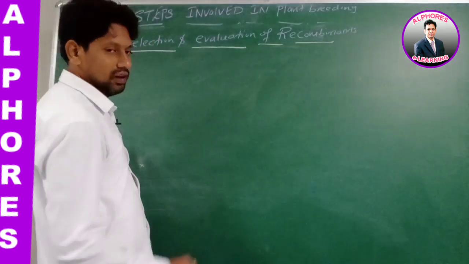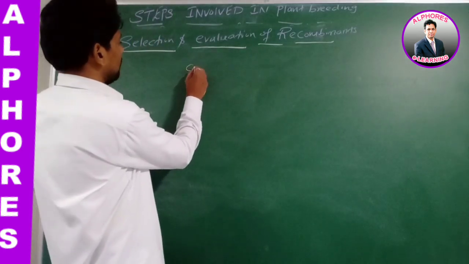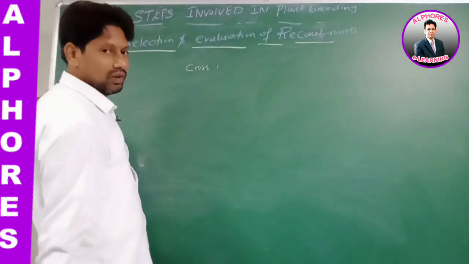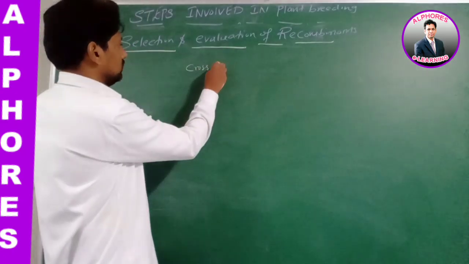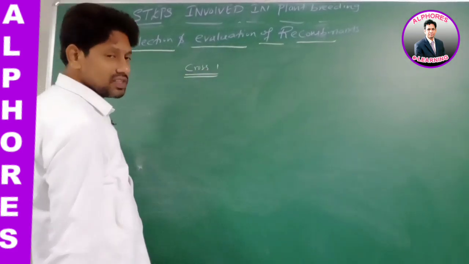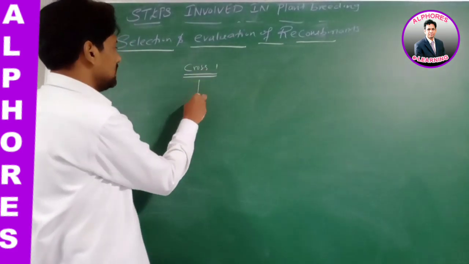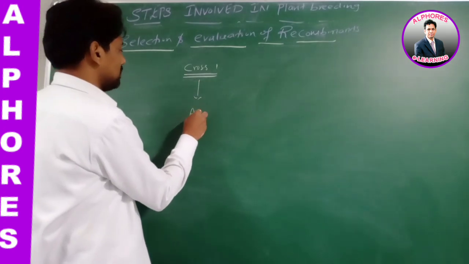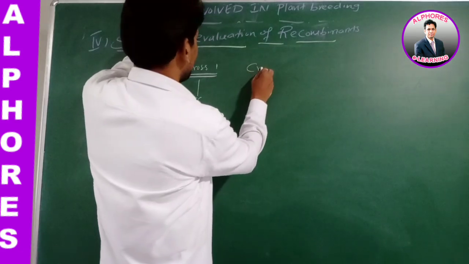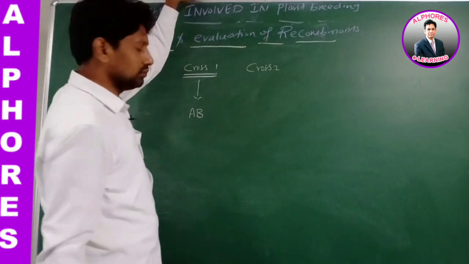For example, right, cross 1. Sir, in this cross 1, we got capital A, capital B. Now, going for cross 2.